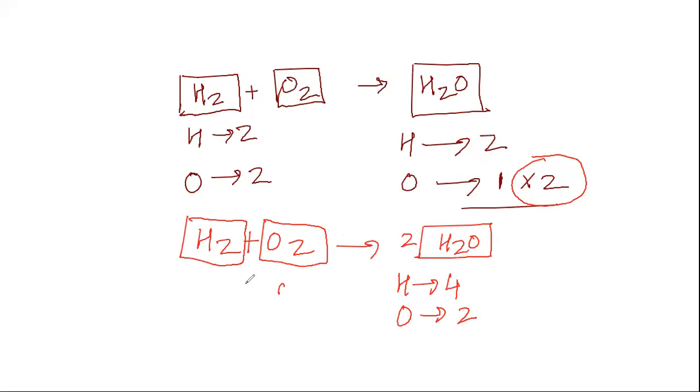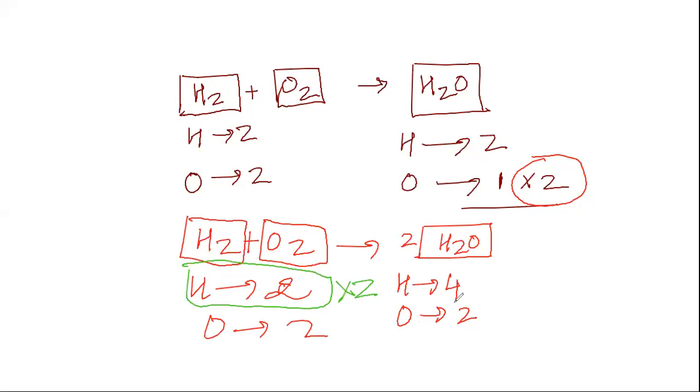Whereas here hydrogen is 2 and oxygen is 2. So again hydrogen has to be changed, and on the left hand side, if we multiply this hydrogen with 2, we will get equal hydrogen on both sides.